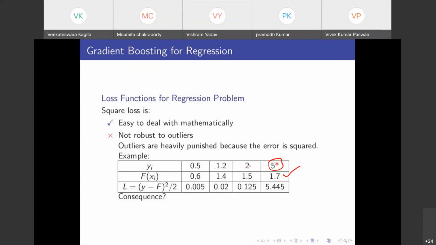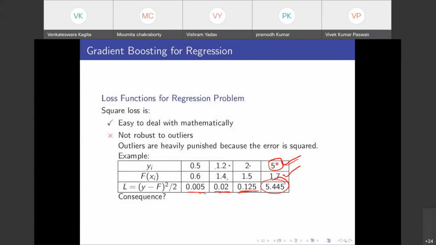If the prediction is close, the loss is very small. This one is not that close, but a little close, so the loss is still small. But here the actual value is 5 and the predicted value is 1.7. There is a gap between the actual and the predicted because it is an outlier, so the loss is very high.